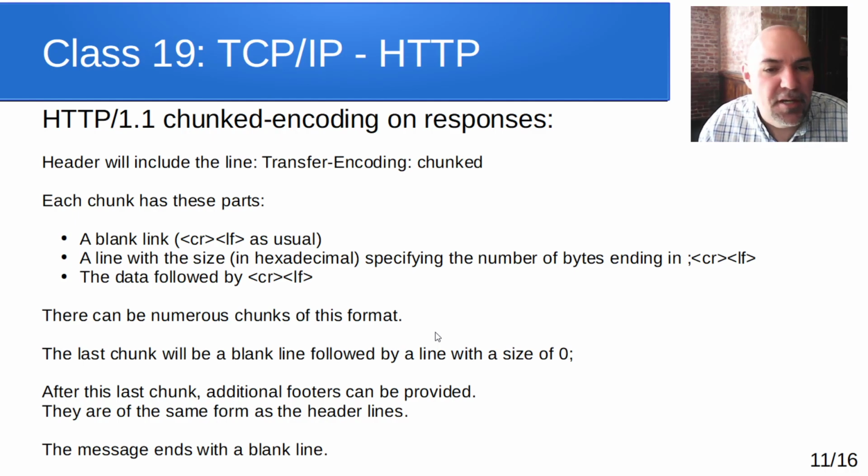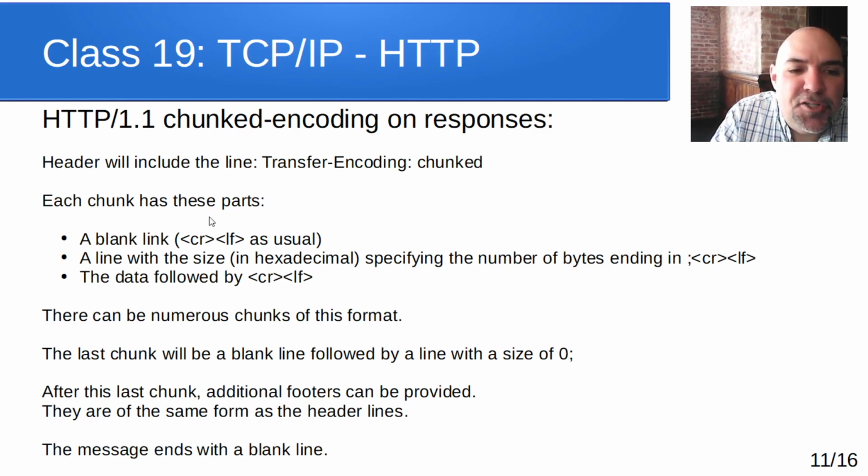Now, the way the chunked encoding works is like this. It starts off with the header, including the line, and this is one of those header lines with a key-value pair: Transfer-Encoding: chunked. What that means is for the rest of the transfer, once we get to the message body, it's going to have this chunked format.